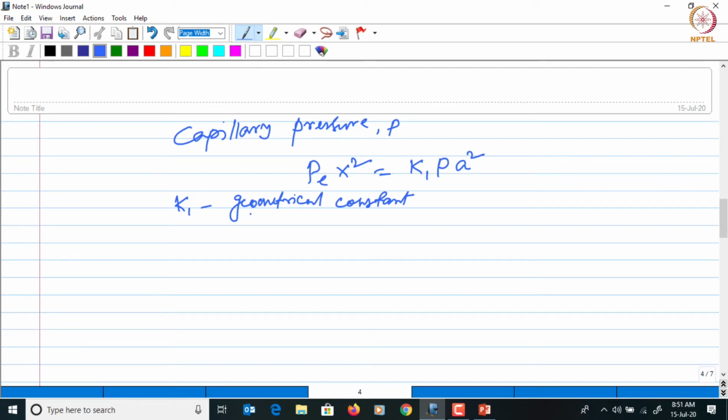And we have seen before that the capillary pressure P is given as 2 gamma_LV by R, where R is the radius of the pore.